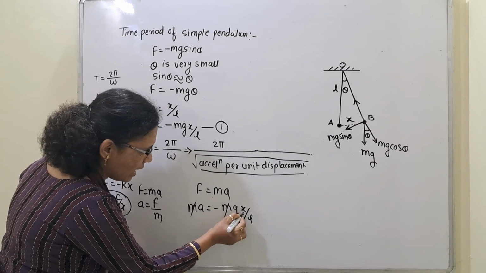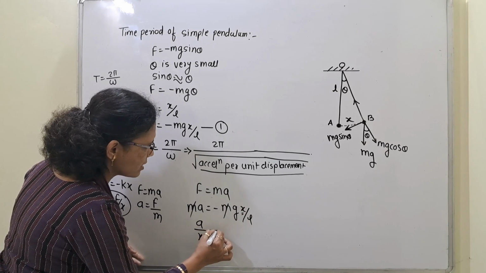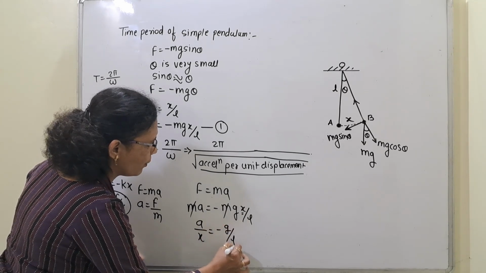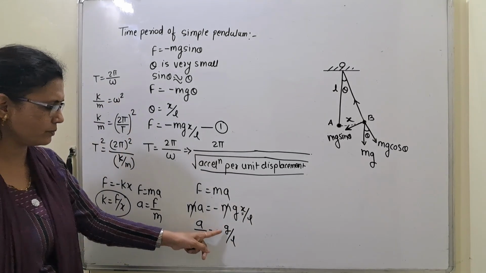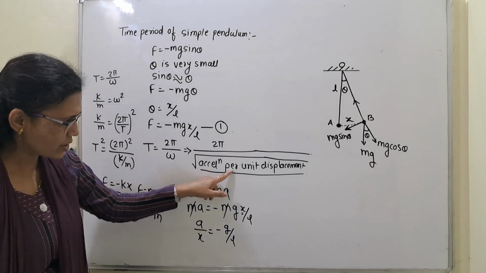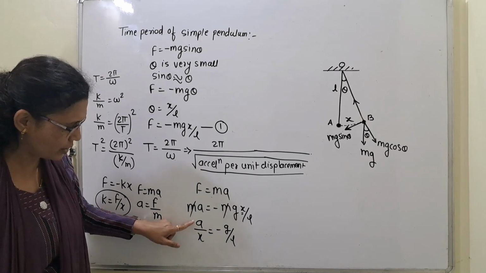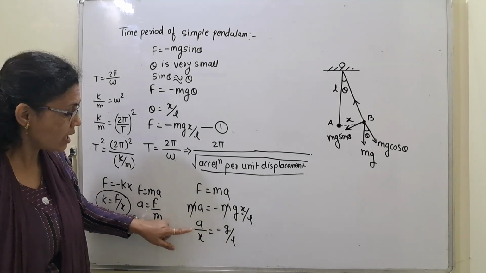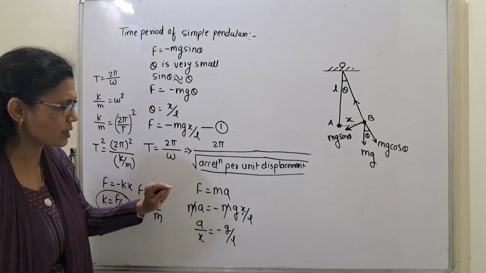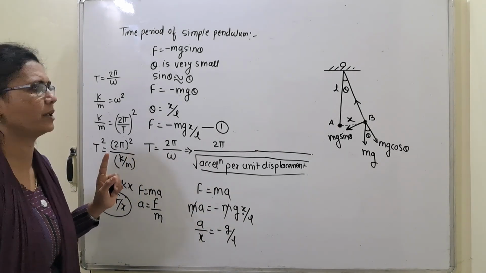If I take this x towards the left side, then it will be a upon x is equal to minus g upon L, right? Minus g upon L. A upon x means what? Acceleration per unit displacement. If I put this value in this expression, I will get the expression for time period.